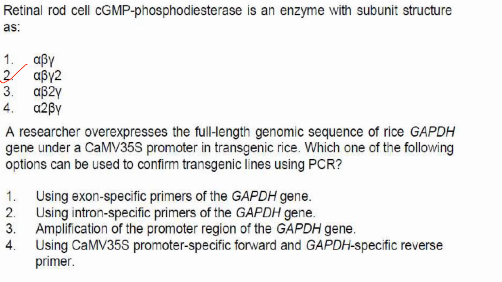So first one, using exon specific primers of the GAPDH gene. That will not give the right answer because, in the option of the CaMV35S promoter sequence, what about that? Will that be expressed or not? Whether it is there in the transgenic rice. Only if it is under the CaMV35S promoter, the GAPDH gene will be overexpressed. Now since it is a case of overexpression, I can tell you one more point, that using exon specific primers of the GAPDH gene will result in the internal GAPDH gene also getting amplified.